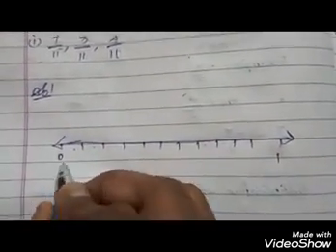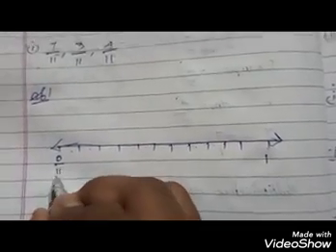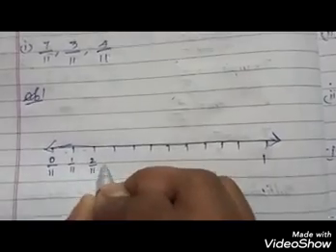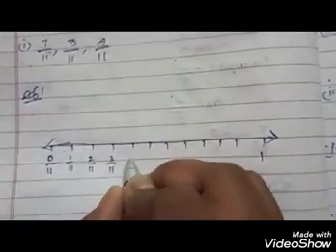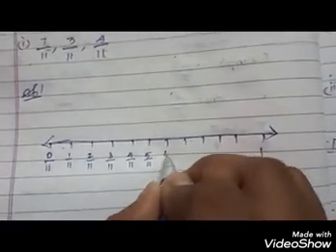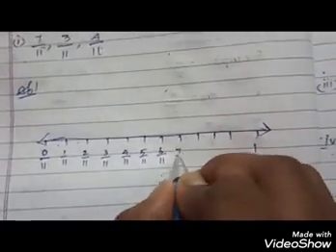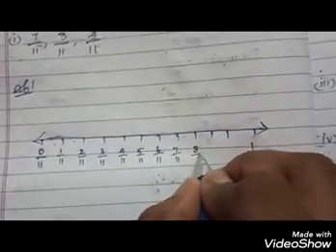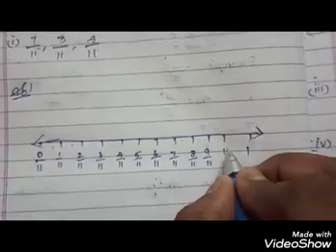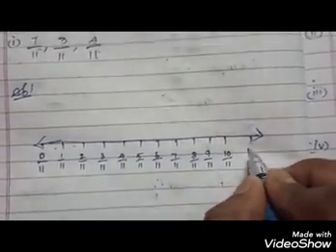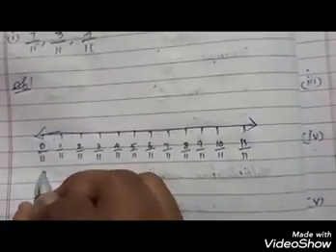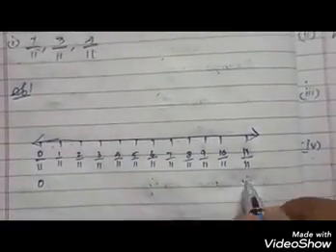So 0 can be written as 0 by 11, then 1 by 11, 2 by 11, 3 by 11, 4 by 11, 5 by 11, 6 by 11, 7 by 11, 8 by 11, 9 by 11, 10 by 11, and then 11 by 11. So 0 by 11 becomes 0, and 11 by 11 becomes 1.